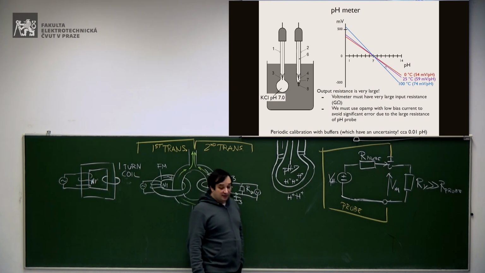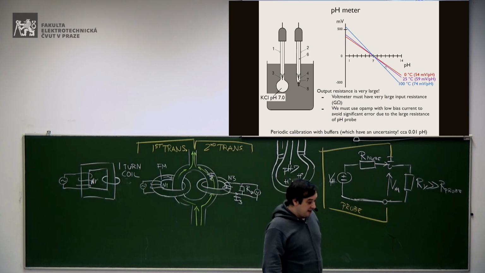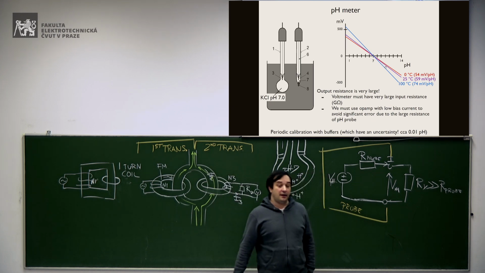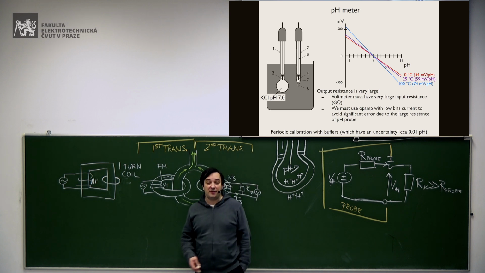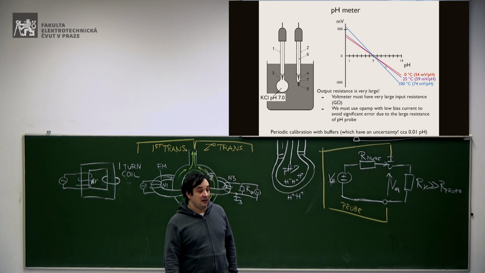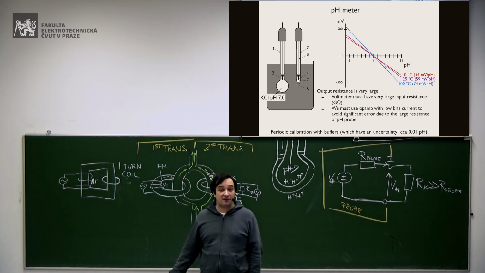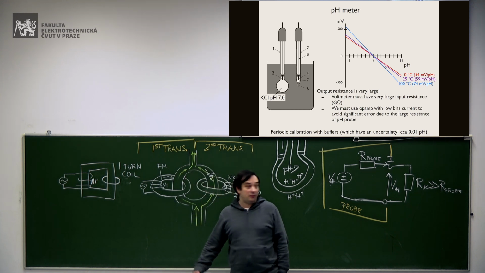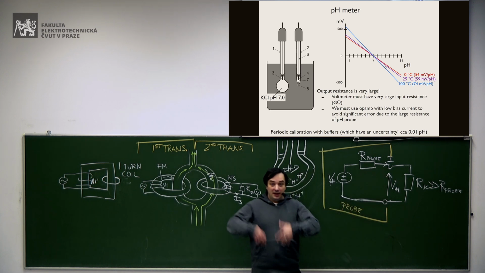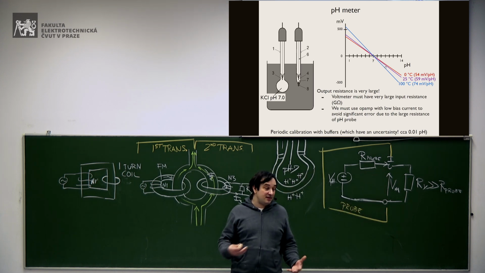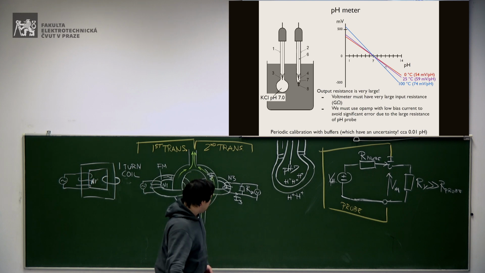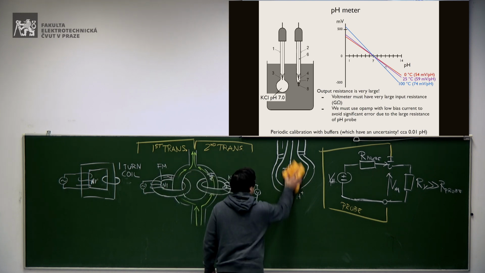So what you can do, for instance, as you probably can guess, is to use, before any amplification, a voltage follower, okay? A voltage follower with a specific op-amp, which reduces the current and therefore has an equivalent input resistance very, very large, okay? So let me erase this.